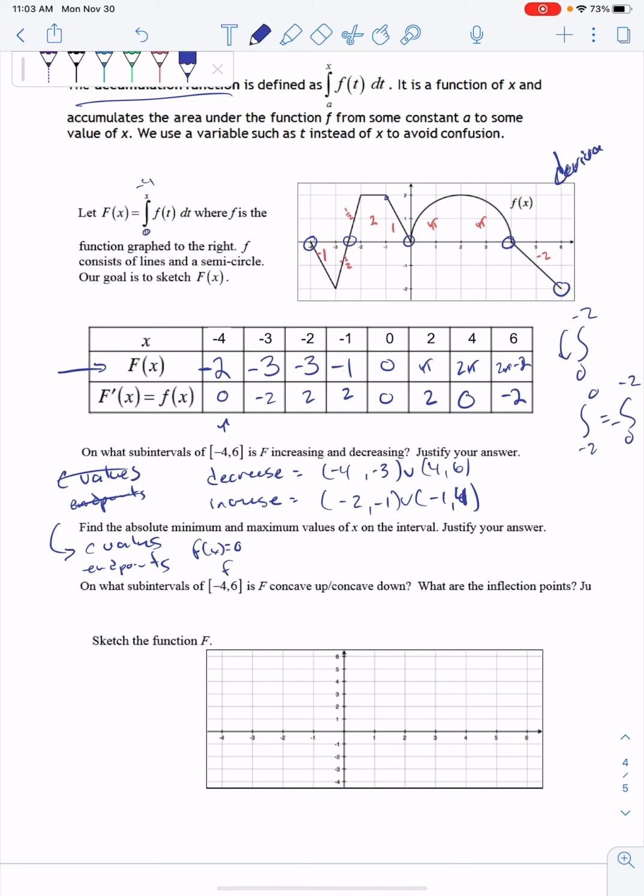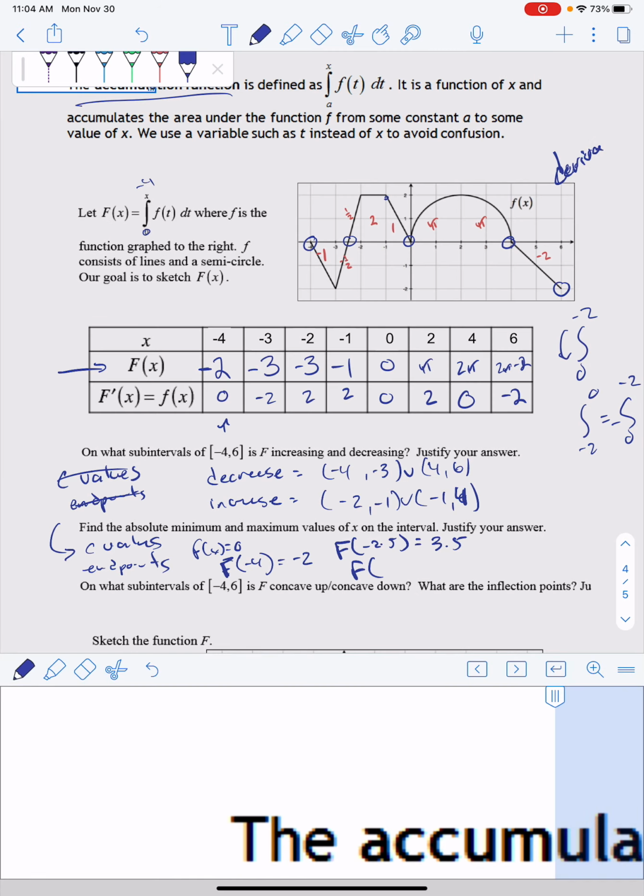Let's see, big F of negative 4 is equal to negative 2. Big F of negative 2.5 is equal to, we said 3.5.